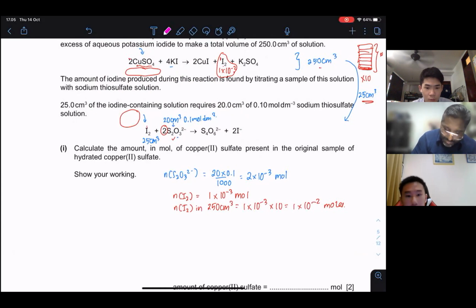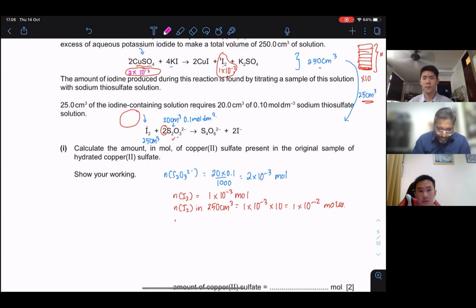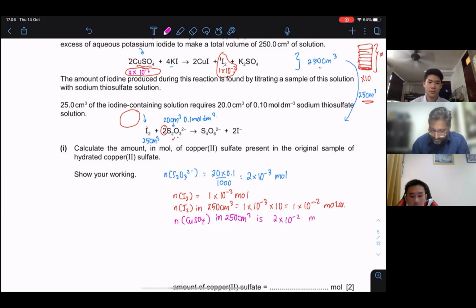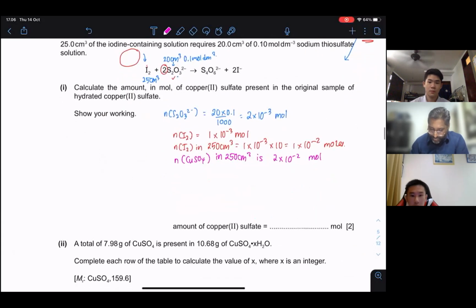So 1 times 10 to the power negative 2 times 2 is going to be 2 times 10 to the power of negative 2. So the number of moles of the copper sulfate in the original 250 cm cube is 2 times 10 negative 2 mole. That is the answer.